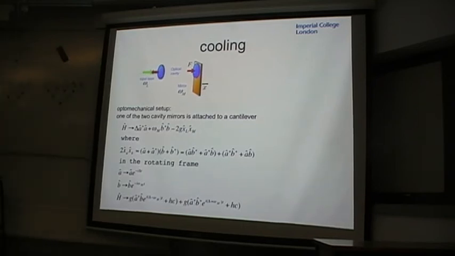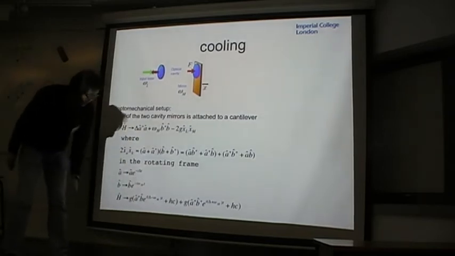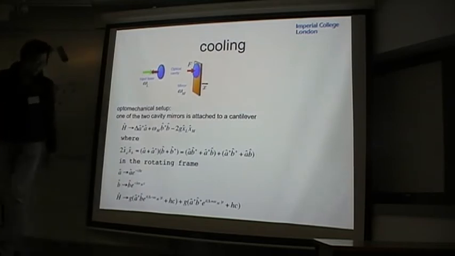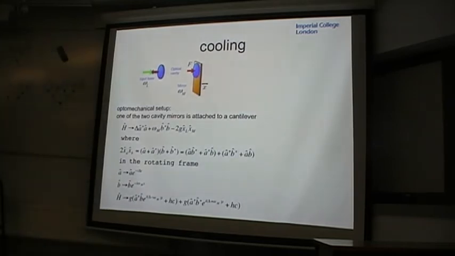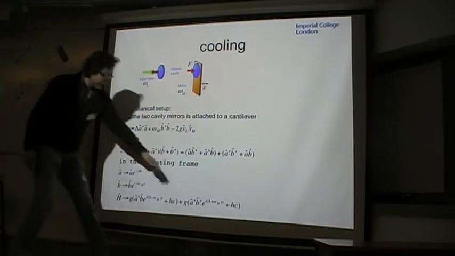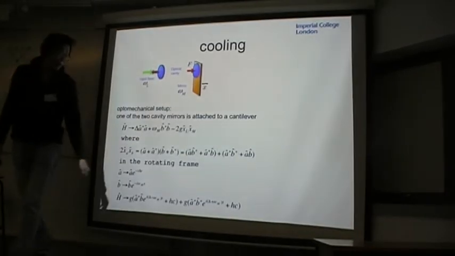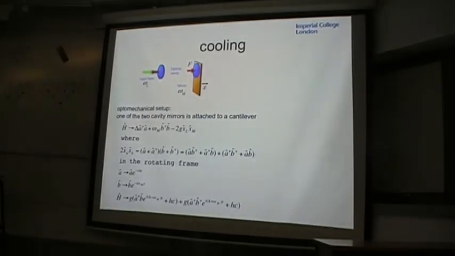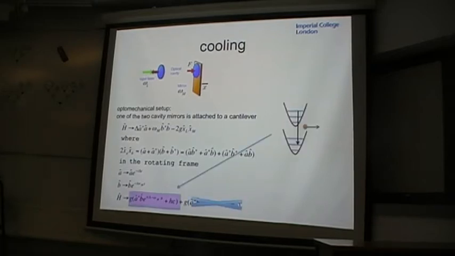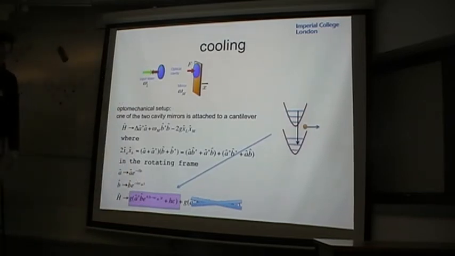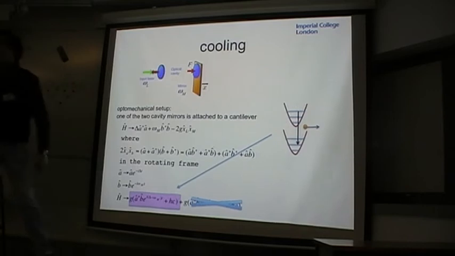Now we can clearly see that when delta is the same as omega m, the exponential t here becomes 1, while the other term becomes 2 omega m, and the exponential function, as you know, oscillates very fast, so that we can ignore the second term while we keep the first term with the time-dependent term dropping out.